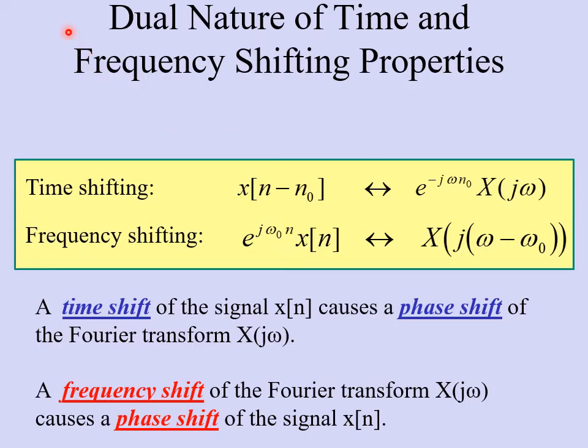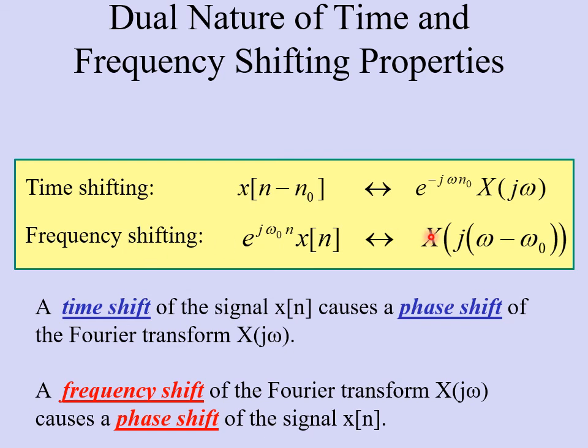So, again, we'll end up with this part of the lecture with just this slide here that sort of points out this dual nature of the time and frequency shifting properties. So in time shifting, we delayed the signal in time, and it produces a phase term over here, e to the minus j omega n naught.